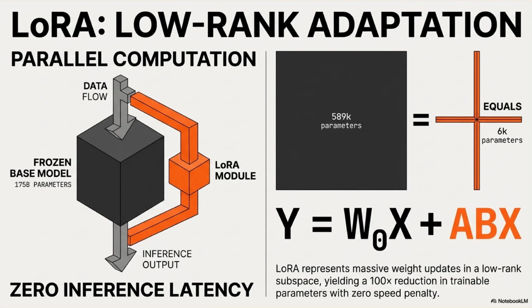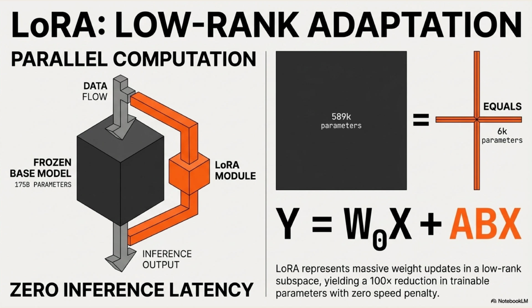The formula at the bottom captures this elegantly. Y equals W0 times X plus A times B times X. The original model output plus the low rank update. During inference, you simply merge the two together, and suddenly there is no bottleneck, no extra layer, no latency penalty.